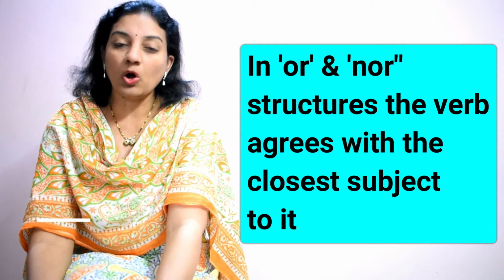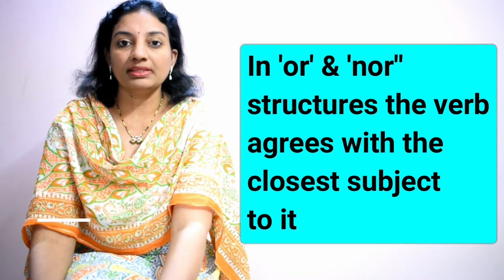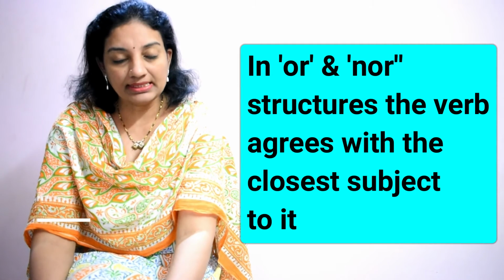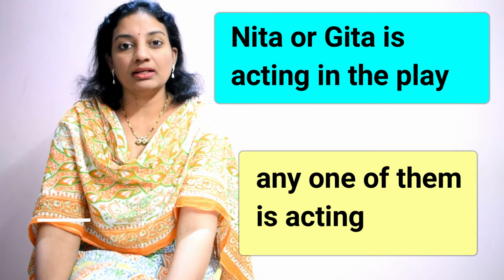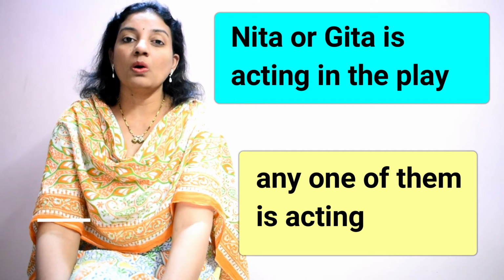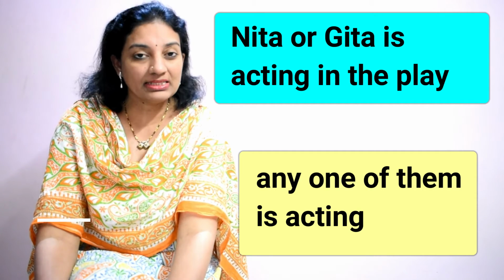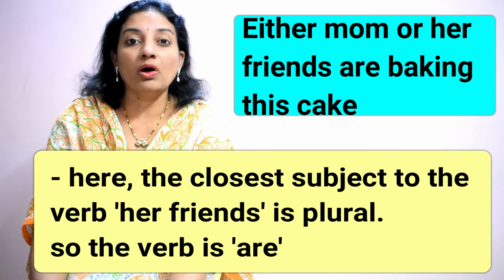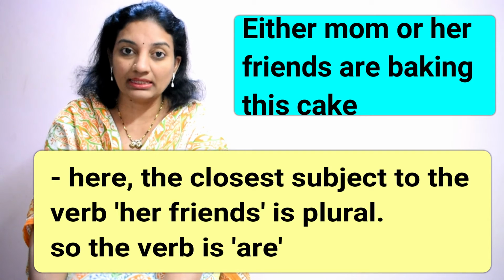If we take or, nor structures, the verb agrees with the closest subject to it. Okay, let us see some examples. Neeta or Geeta is acting in the play. Neeta or Geeta, any one of them is acting in the play. Okay, either mom or her friends are baking this cake.